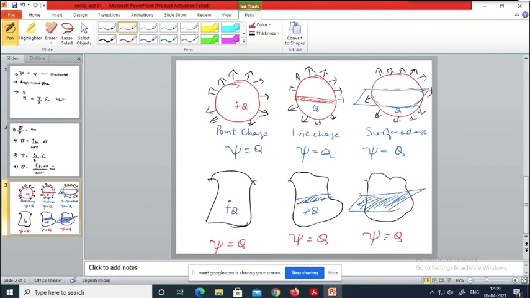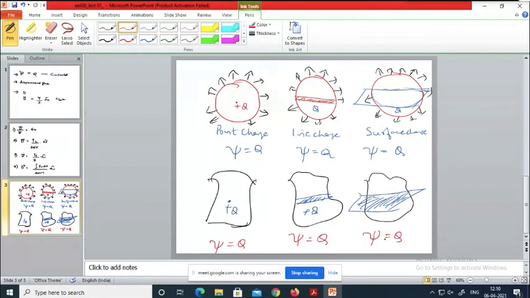So what you can infer from here? Any closed surface which is enclosing some charged particles, the total flux crossing the surface of an irregular object remains equal to what? The total charge Q. Okay, so it is from Faraday's experiment.